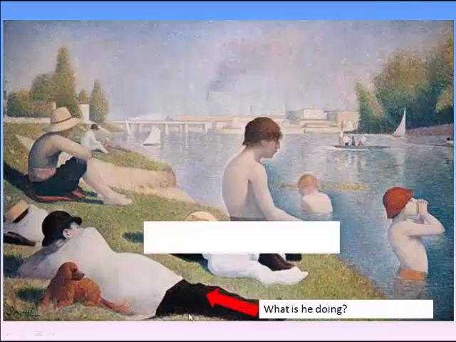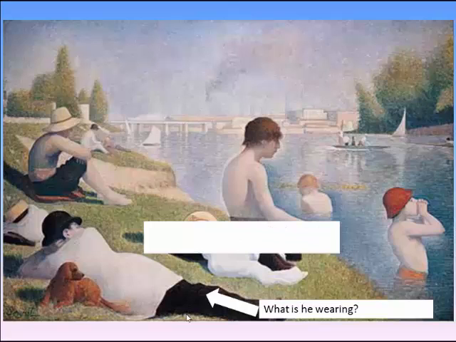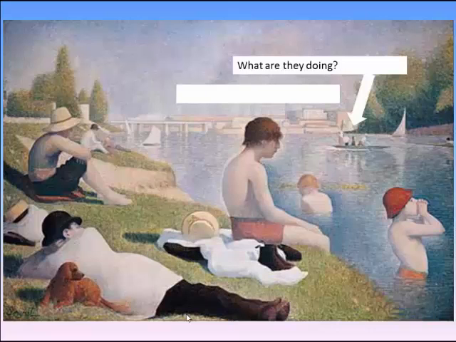What is he doing? Well, he is relaxing or he is looking at the river. And what is he wearing? He's wearing a black hat, a white jacket, and black pants. What are they doing? Well, it looks as if they are sailing in the river.